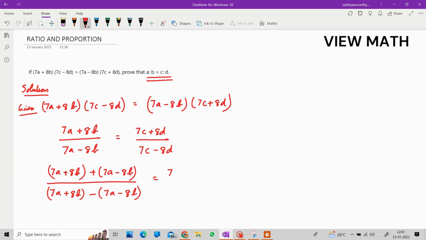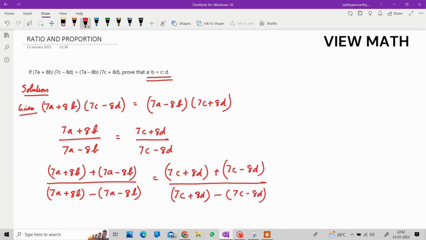This is equal to (7c + 8d + 7c − 8d) divided by (7c + 8d − (7c − 8d)). So I applied the componendo and dividendo property.